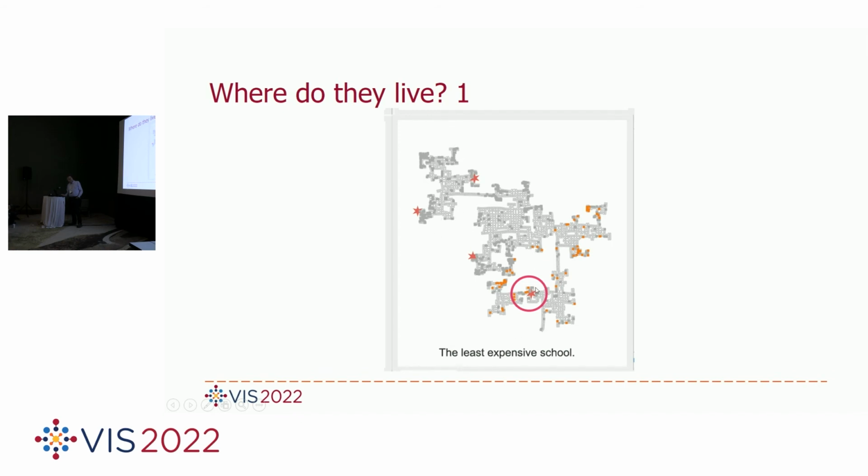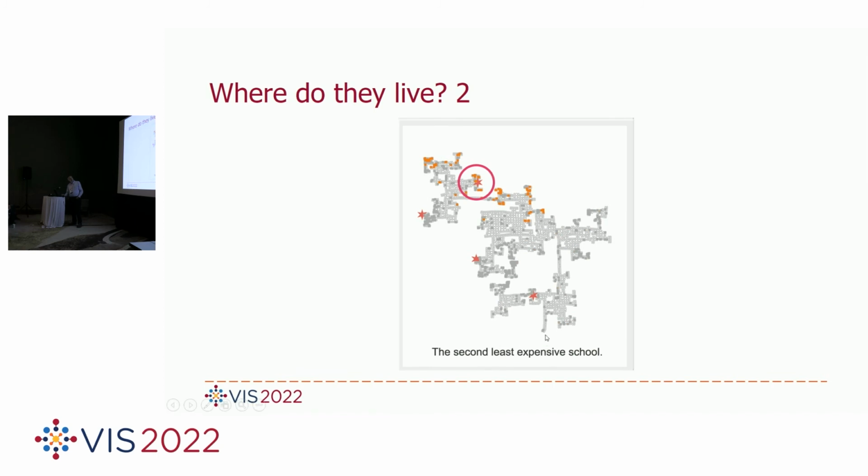The second least expensive school is this one. We don't know, this is our assumption, because the orange dots show the positions of people where they live who pay this amount. They are clearly clustered around one school, so we assume this is the school.